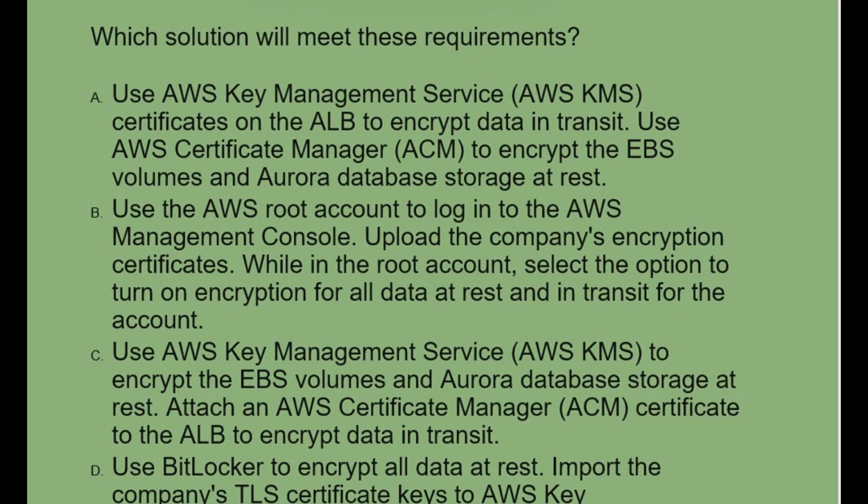for the account. Option C, use AWS Key Management Service, AWS KMS, to encrypt the EBS volumes and Aurora database storage at rest. Attach an AWS Certificate Manager, ACM, certificate to the ALB to encrypt data in transit.